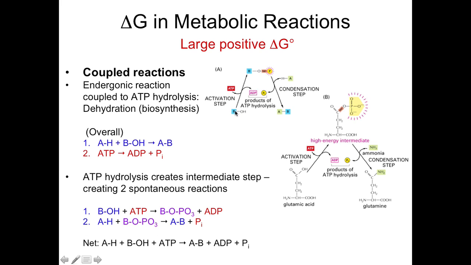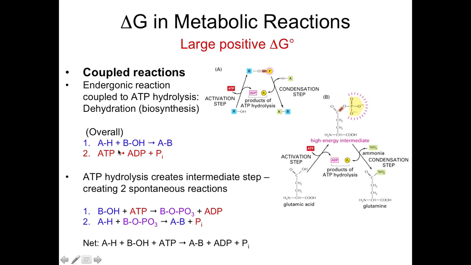So if you look here, this is what is actually happening. We have our B molecule, and we're going to take ATP and we're going to hydrolyze it. And in the process of hydrolysis of ATP, we're going to take the phosphate that was removed from ATP and we're going to stick it onto the B molecule. So now we don't have B, we have B phosphate. And phosphate is a very energy-rich functional group. It's got a lot of negative charge. It destabilizes molecules. So now we're not adding A to B, we're adding A to B phosphate.